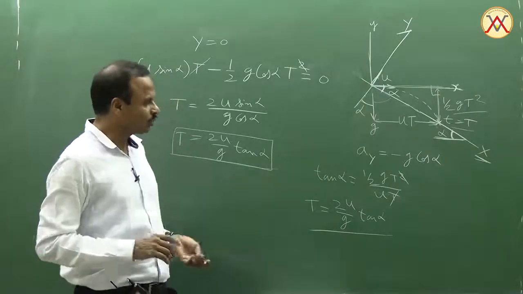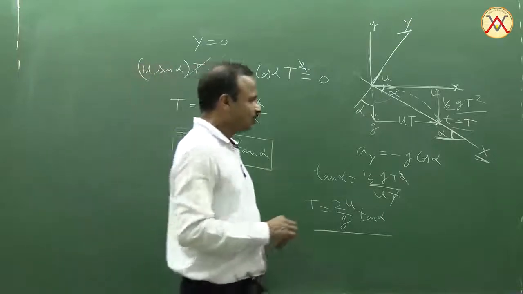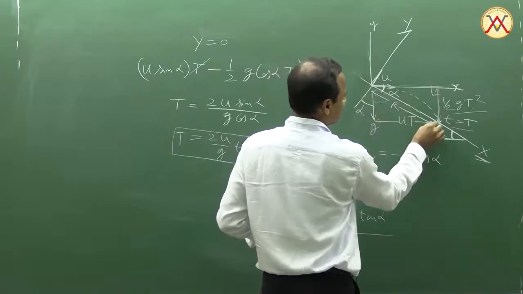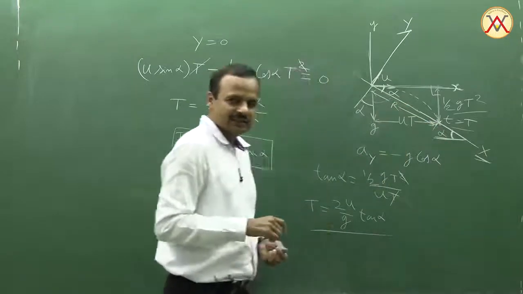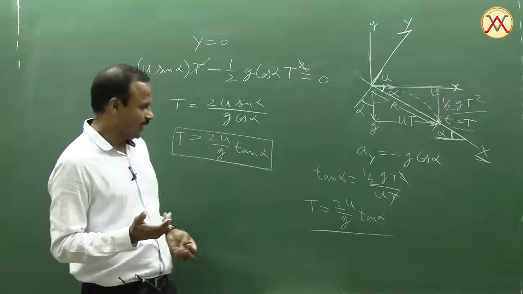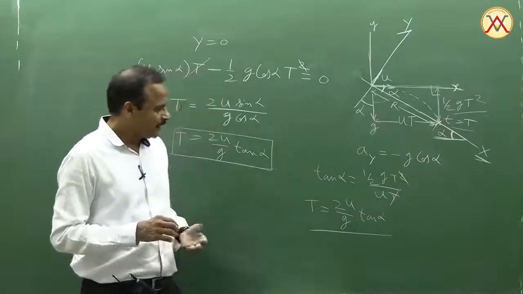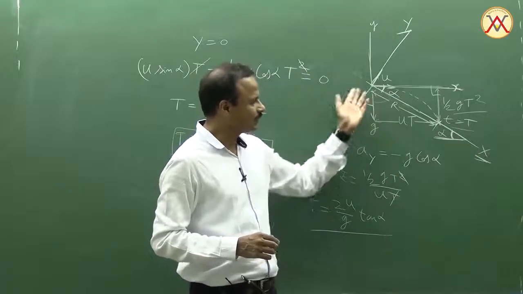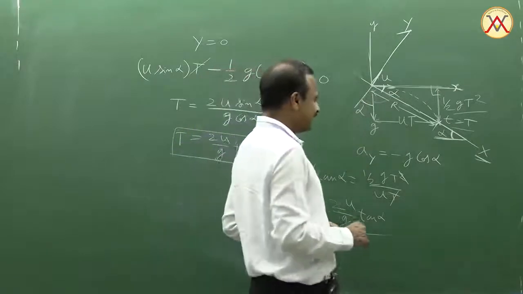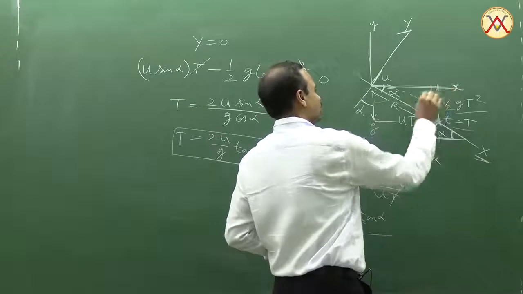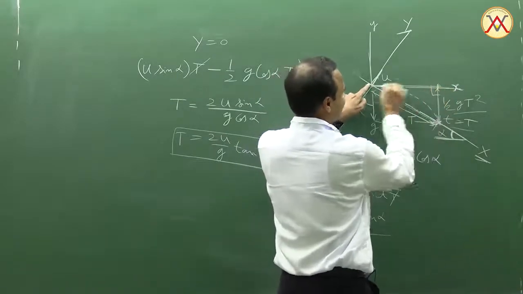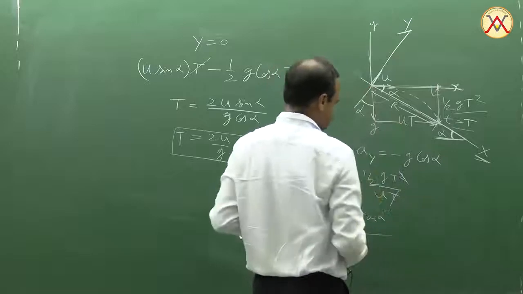Let me add one more part to it. Suppose I want to also find the range along the incline, this distance. Now, how to get this part? If I am using the old coordinate system, horizontal vertical, in that case, knowing the x coordinate, using trigonometry, I can get this result.